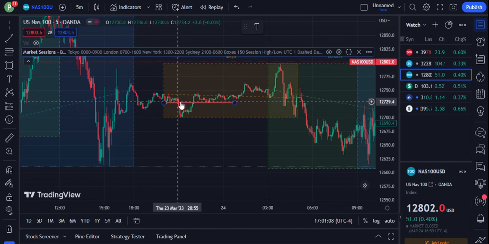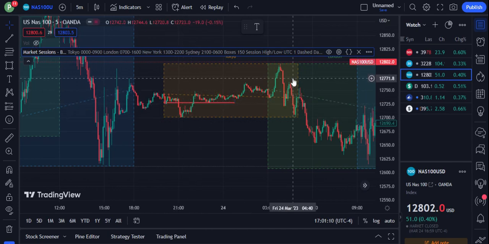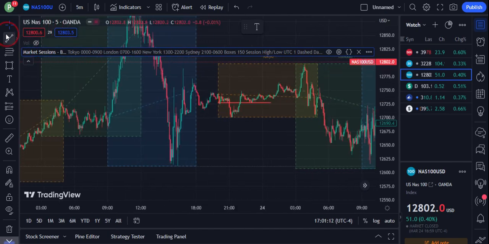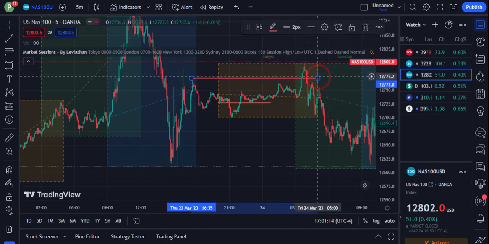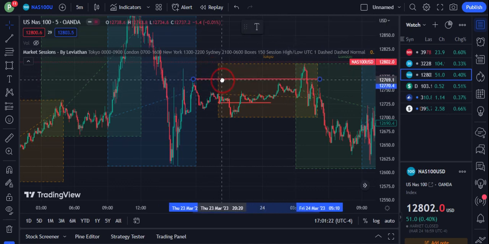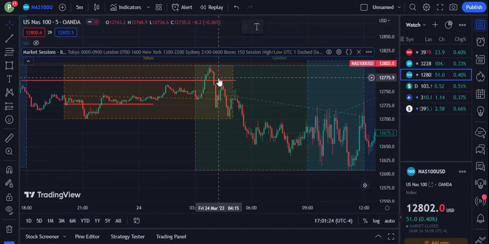Liquidity grab below this consolidation, reclaims, rallies, and then it takes out this liquidity right here, these lower highs, rips through this high and this high, takes out that liquidity. And then what I want to see is it go down before the New York session.